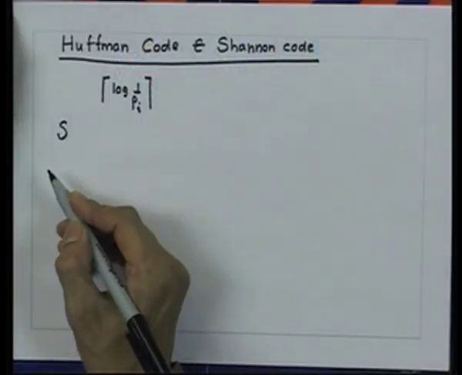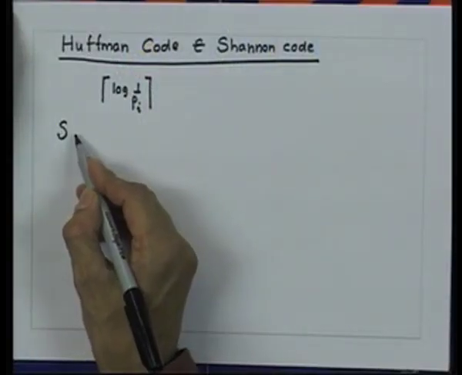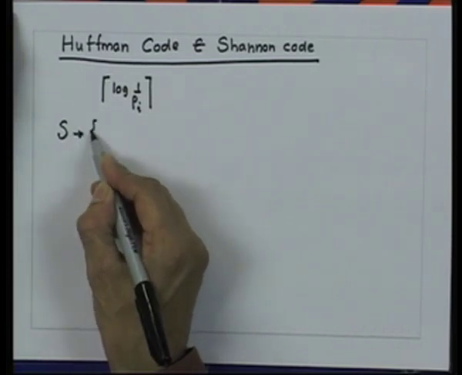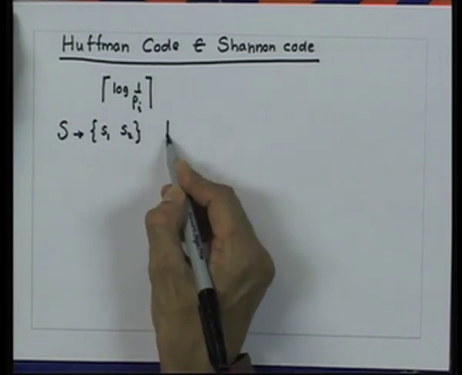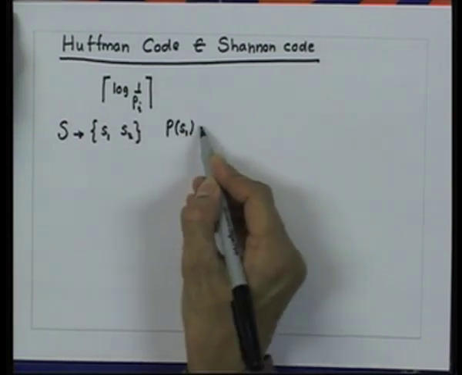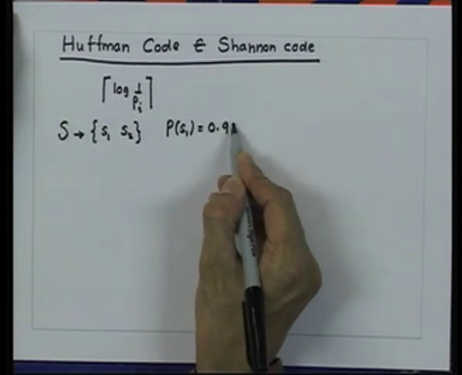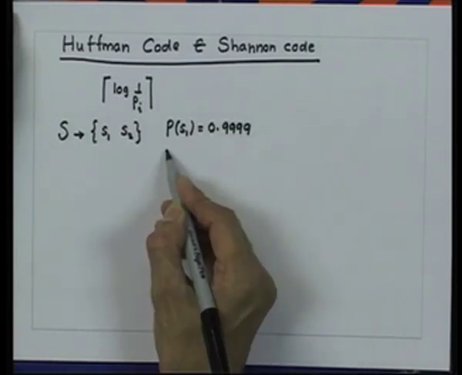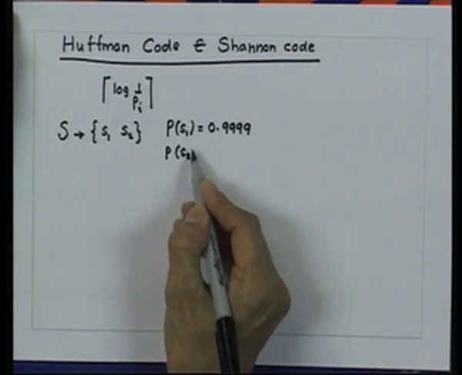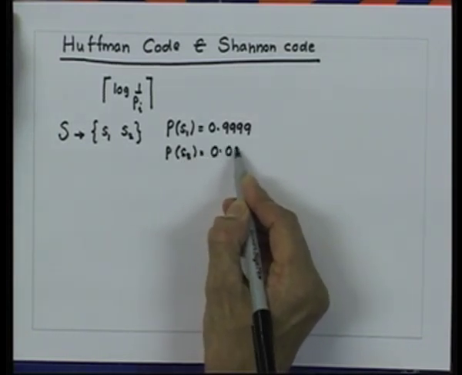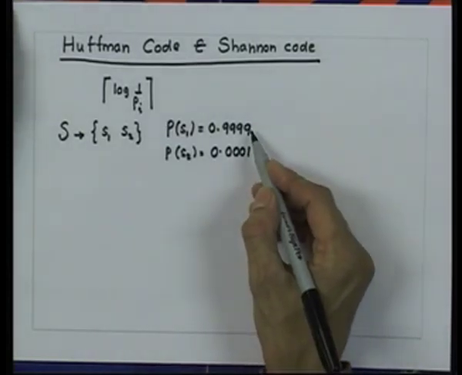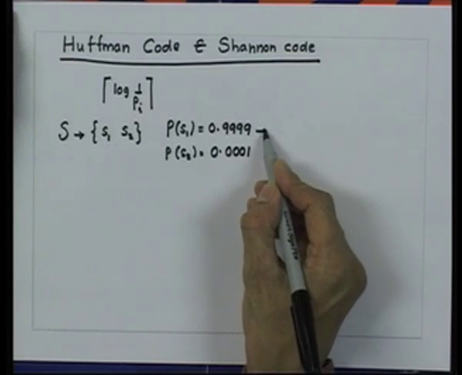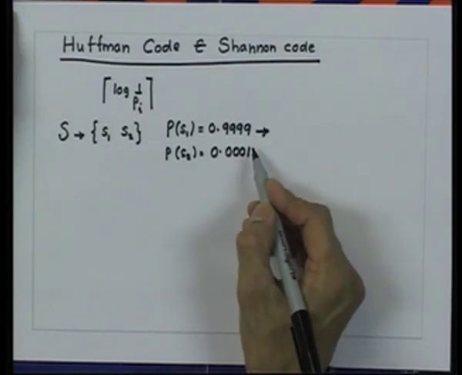Let us take an example that I have a source, a binary source consisting of 2 symbols S1 and S2 with the probabilities given as probability of S1 is equal to 0.9999 and probability of S2 given as 0.0001.